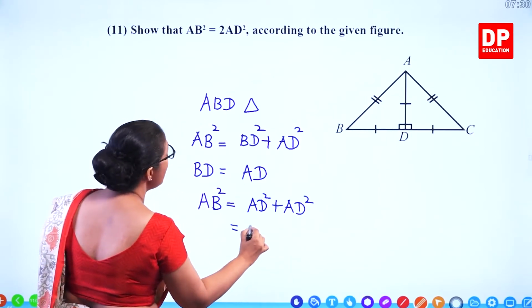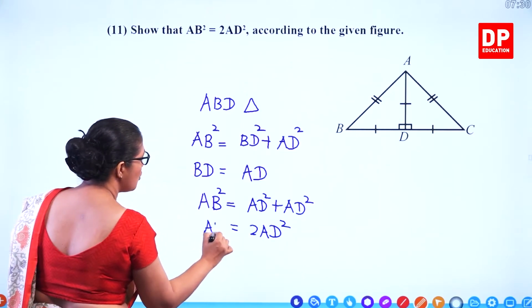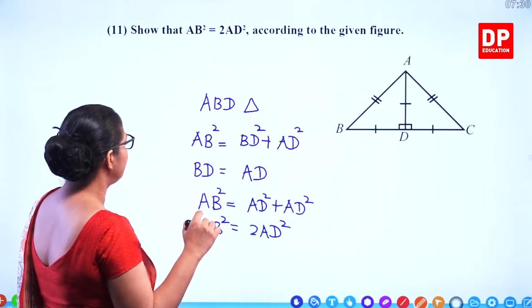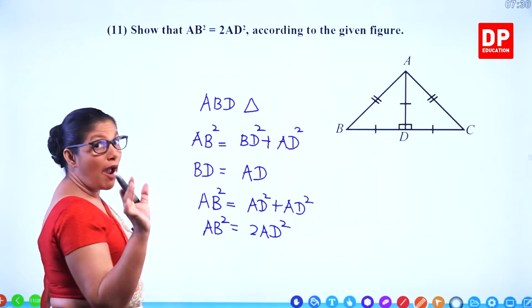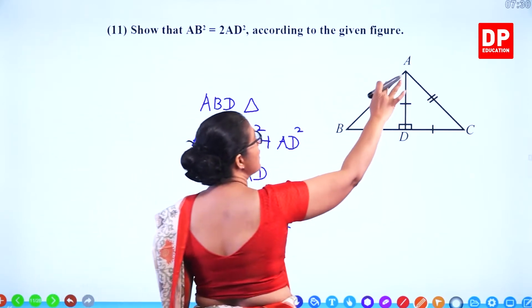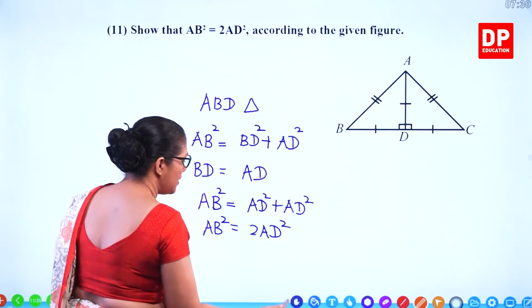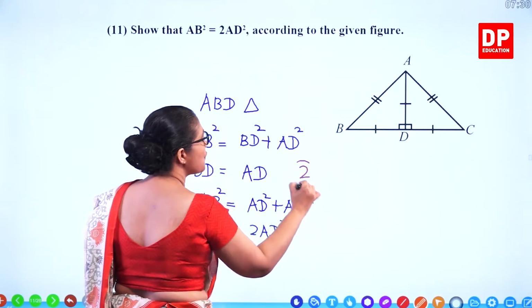So 2AD squared, that's an easy one. Just use Pythagoras theorem and equate this. So AB squared is 2AD squared. So try to take the correct one first. You need AB squared, not the other side. So you can easily prove that. 2 marks for that.